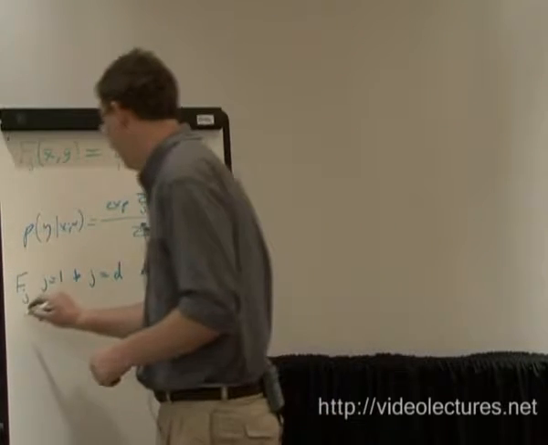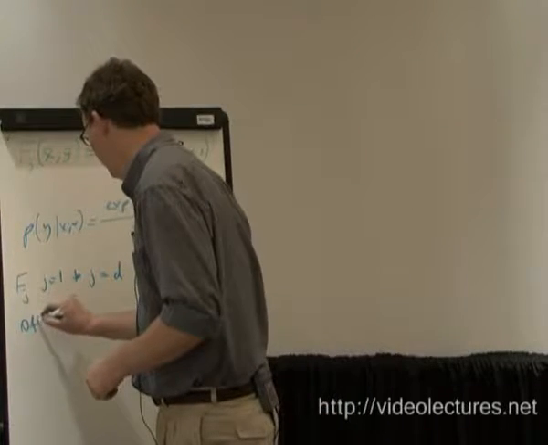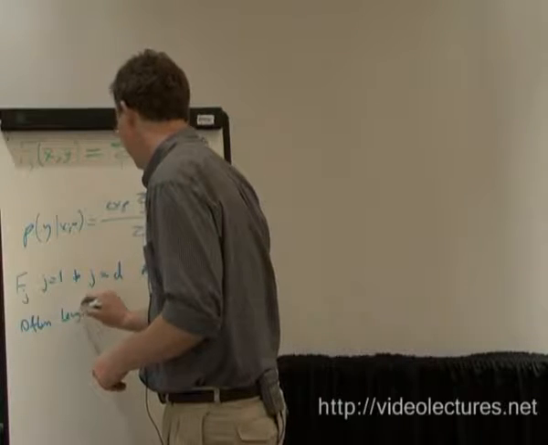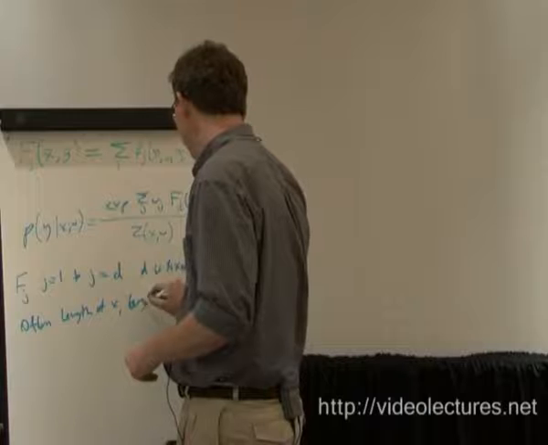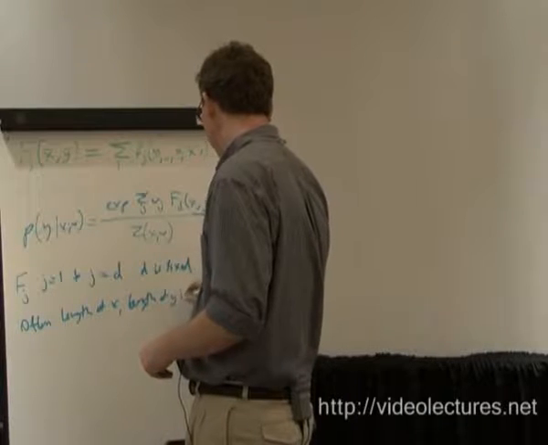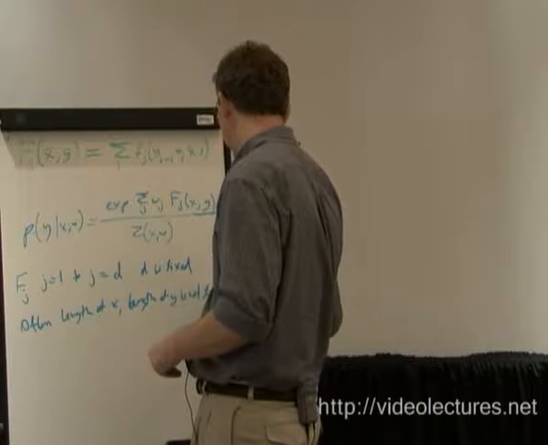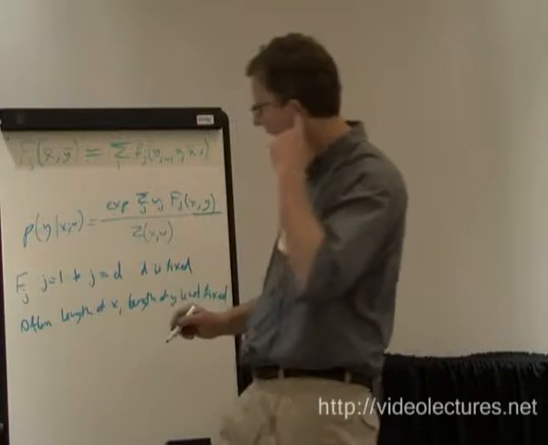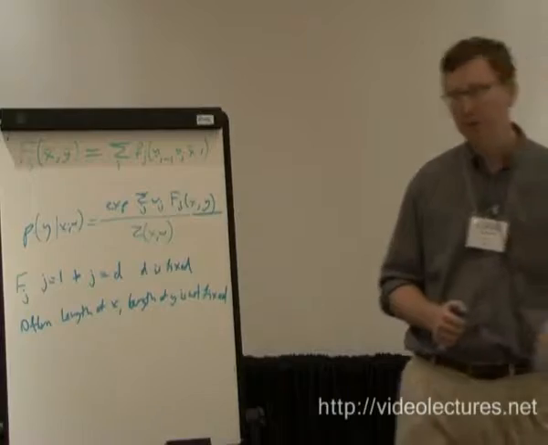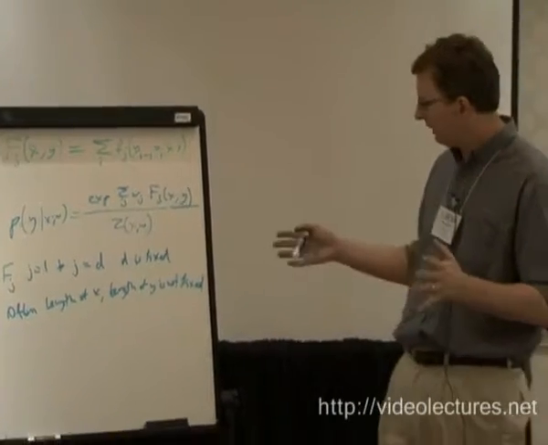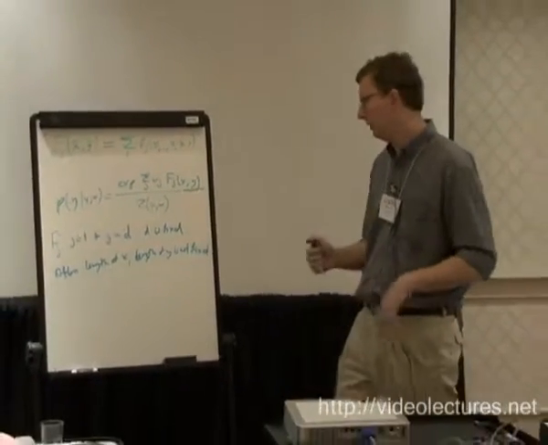But often the length of x and the length of y is not fixed. If x is words and y is where you can put a hyphen, or x is sentences and y is parts of speech.